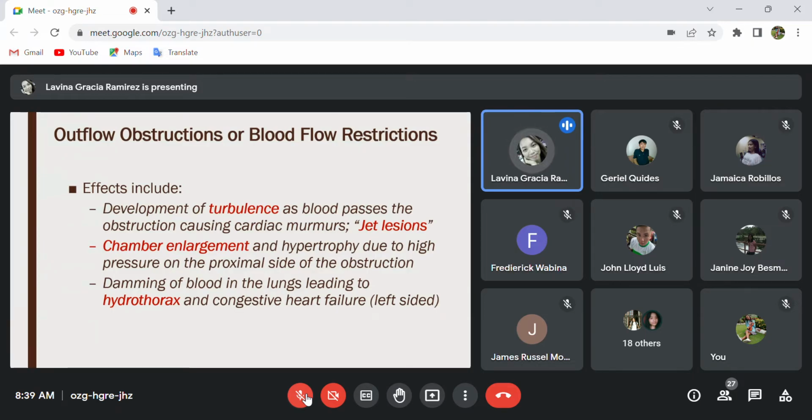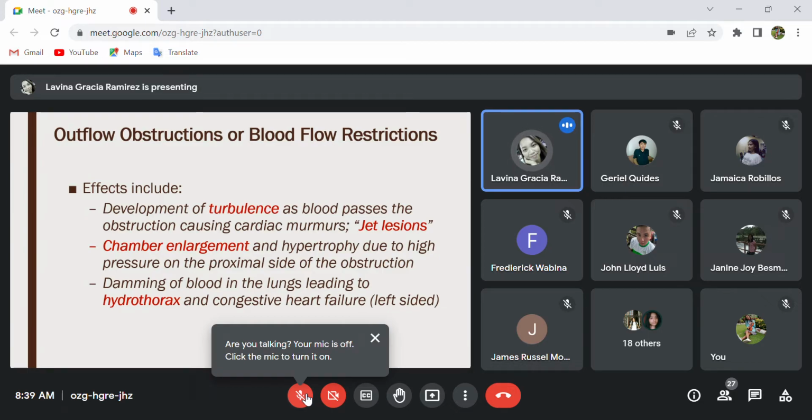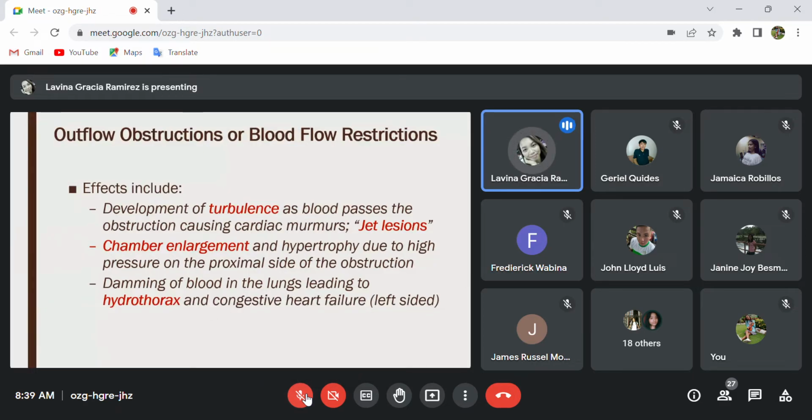If there is a problem in the left side of the heart, there will be damming on the atrial part. The pressure will be pushed to the lung, so the blood cannot enter. That will give a tendency of damming the lungs with blood. That could lead also to hydrothorax because of the pressure, right?